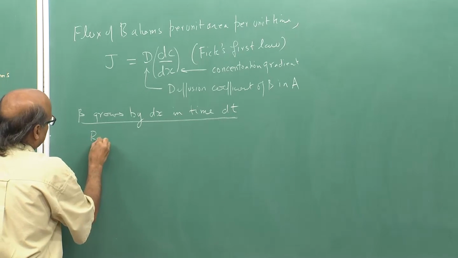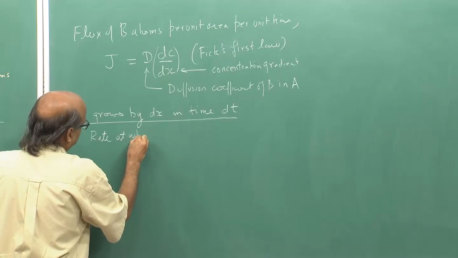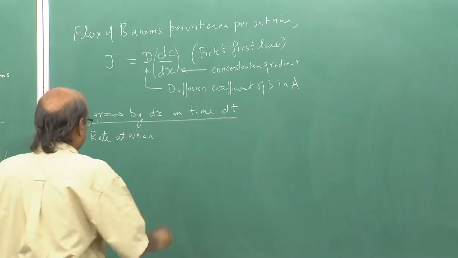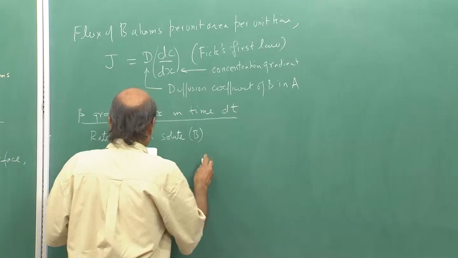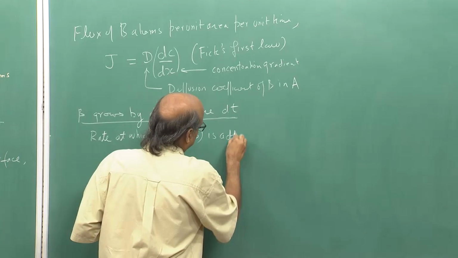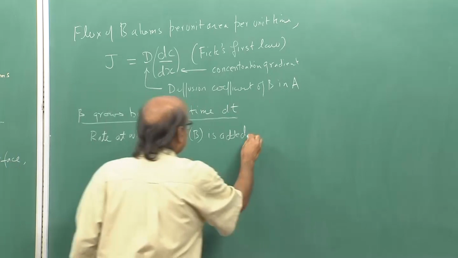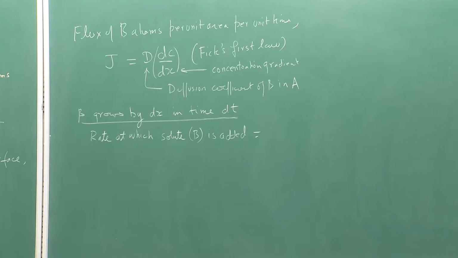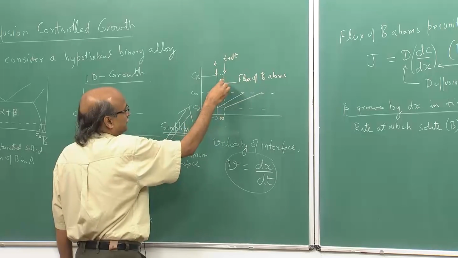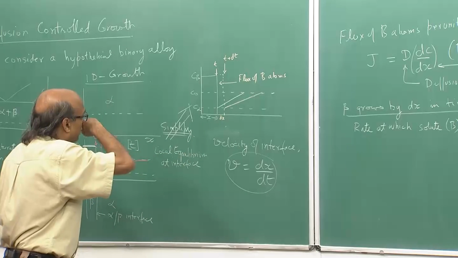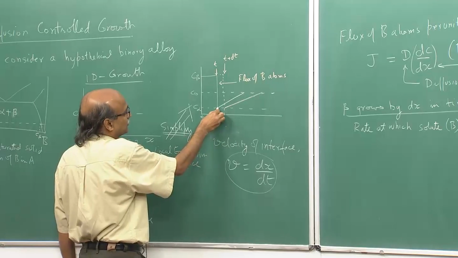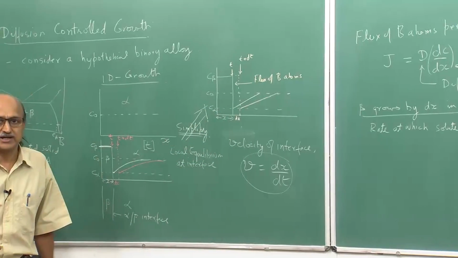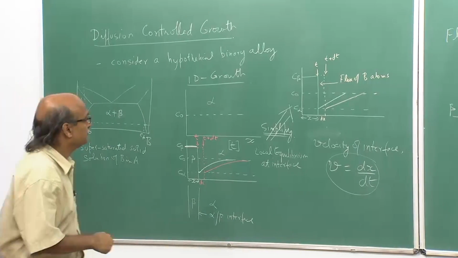So, then the rate at which solute, that is B atoms, is added is equal to, well, look at the amount of B atoms that are added, which is nothing but C beta minus C alpha, because here the concentration was C alpha, and this concentration you can think of in terms of moles per unit volume.